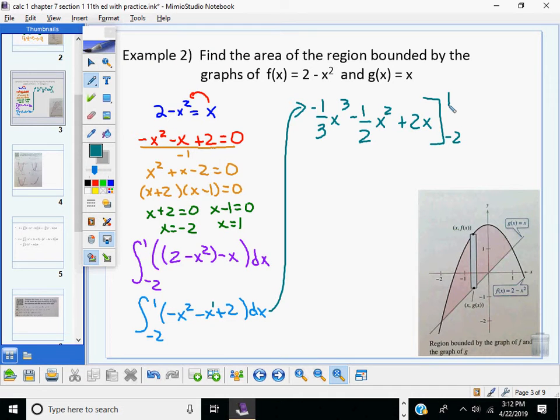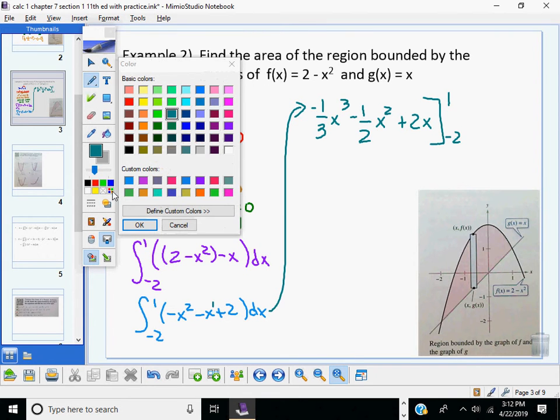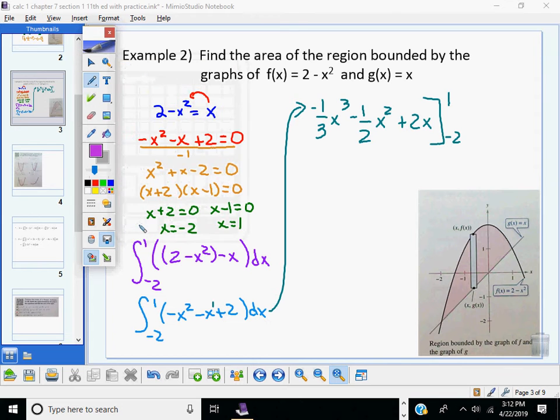So first we're going to plug in the 1 for everything. Let's do that. I think we'll have plenty of room. So first I'm going to plug in the 1. So it's going to be negative 1/3 times 1 cubed minus 1/2 times 1 squared plus 2 times 1.